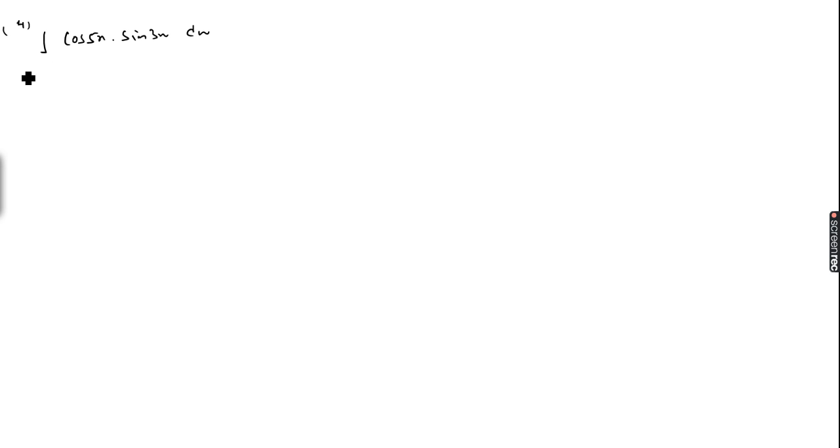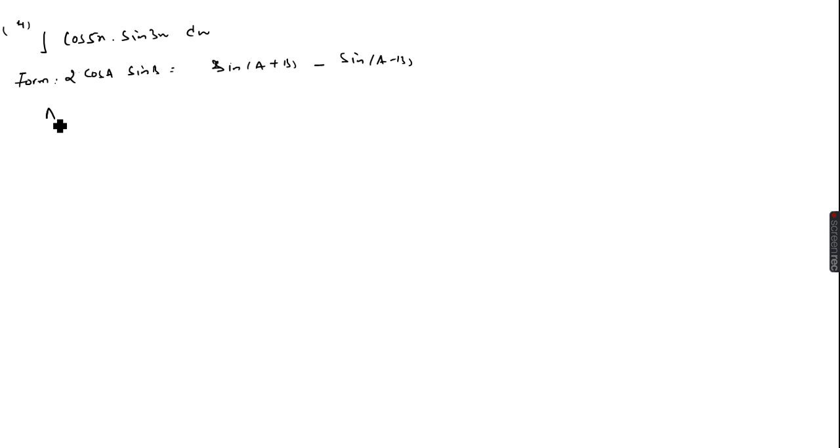So here what is the form? The form is cos A sin B. The first is cos and the next one is sin. This is nothing but cos A sin B, which gives sin of A plus B minus sin of A minus B, that is for 2 cos A sin B. But here we do not have a 2.